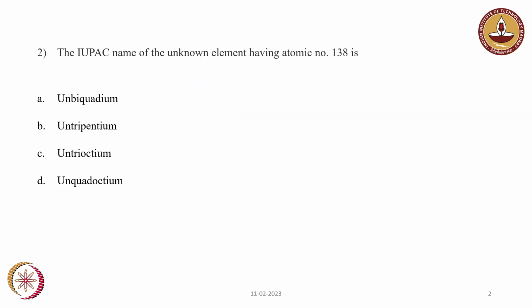And the next question is: the IUPAC name of the unknown element having atomic number 138 is? The options are A, unbiquadium, B, untripentium, C, untrioctium, and D, unquadoctium. So for naming any element, we need to know the naming for each digit of the atomic number.